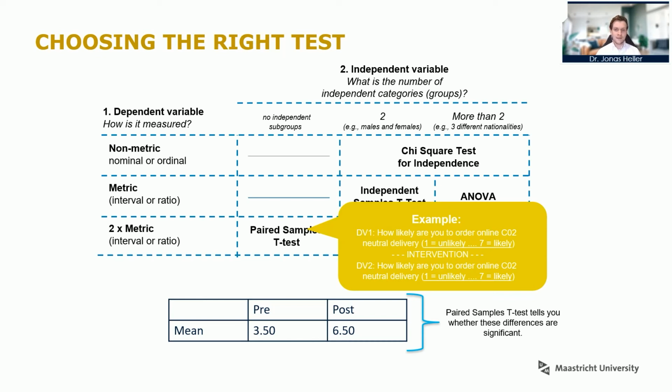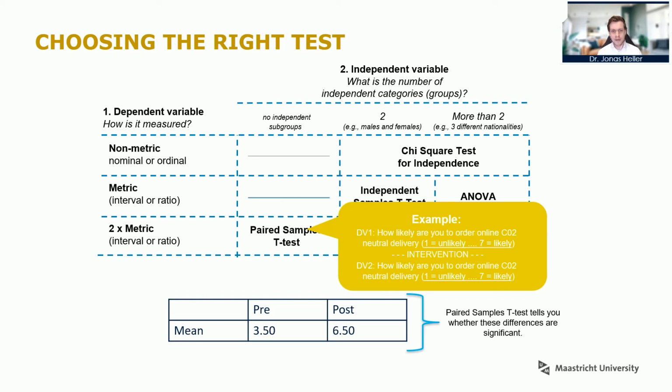And then we ran some sort of intervention. So we maybe showed them a video that's promoting how CO2 neutral delivery could reduce global warming, for example. And then we asked them at a later point, after they've seen the intervention, the same question again. And what the paired sample t-test is doing, it's kind of comparing the pre-measure before the intervention versus a post-measure, so after the intervention.